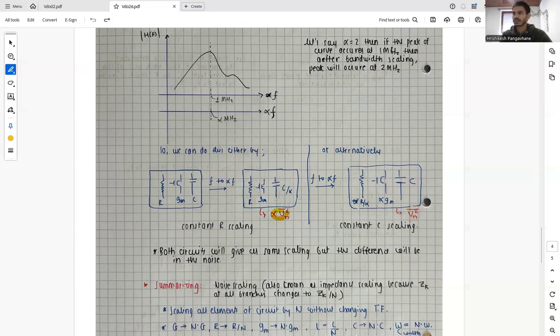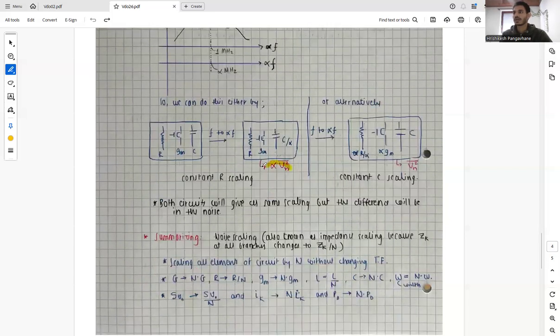Over here it was dependent on C, so the variance was scaled by alpha, but over here C is not changing, so the noise variance is also not changing, and this is called constant C scaling. So both alternatives will give us the same scaling, but the difference will be the noise. Over here noise will also be scaled, and over here noise is not being scaled.